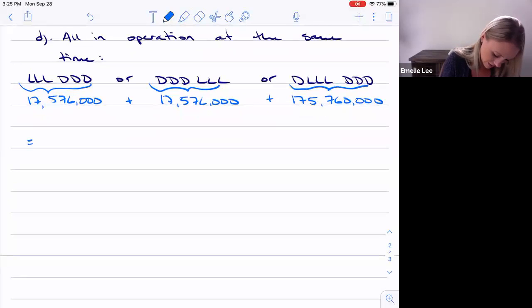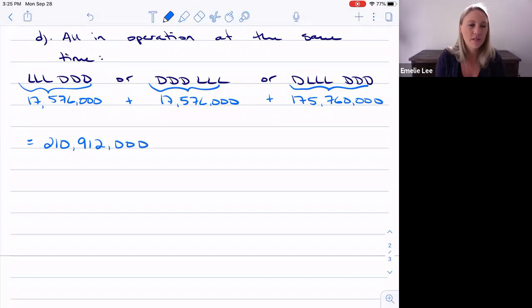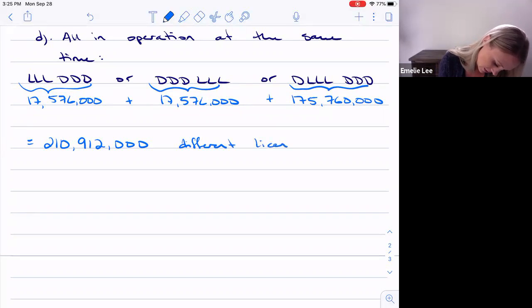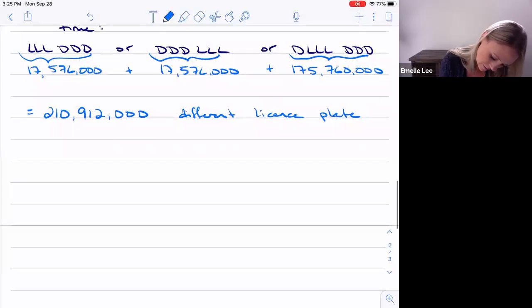Giving us a total of 210,912,000 different license plates. Different license plates combinations.